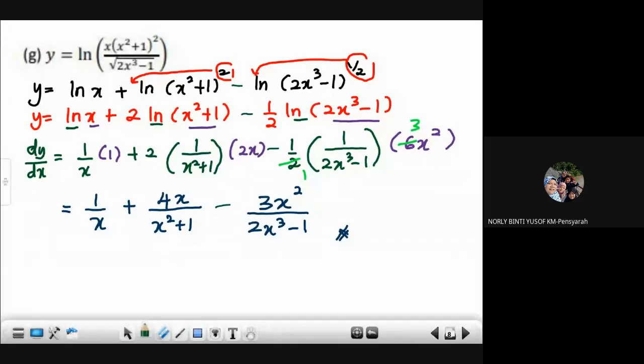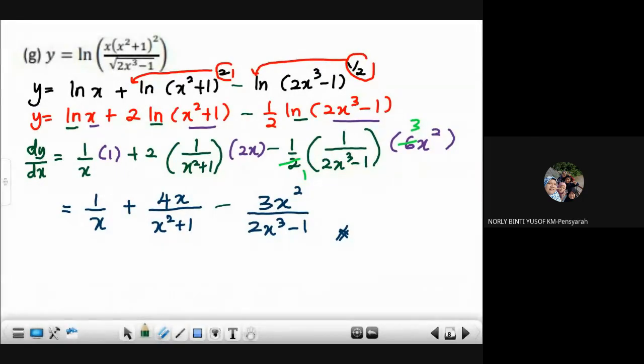So bring in front the power of 2 for the x squared plus 1, and then for 2x power 3 minus 1, bring in front the power as half. So dekat line merah tu dah habis using the law of log completely. Barulah you differentiate your equation for your ln concept lah. So differentiate ln x, 1 over x. Nanti dalam exam tulis 1 over x je. Satu ni tak tulis pun tak apa.